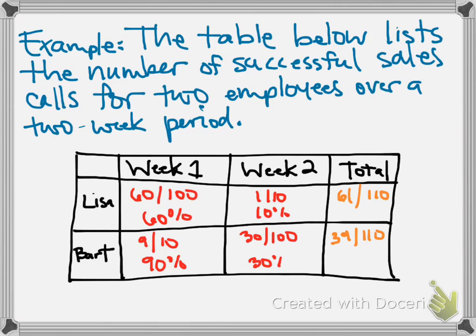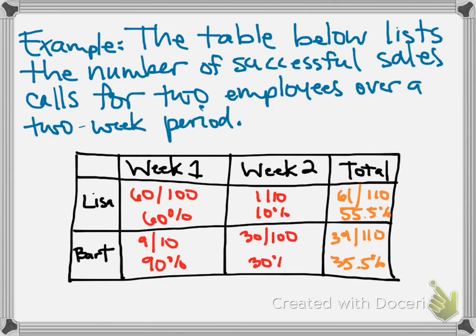So let's get their percentage success rate. 61 out of 110 is 55.5%, and 39 out of 110 is 35.5%. 55.5 and 35.5.